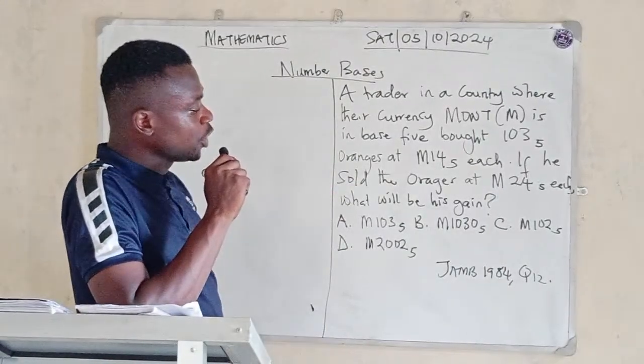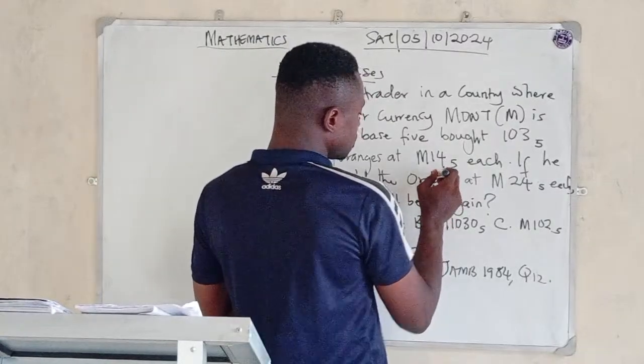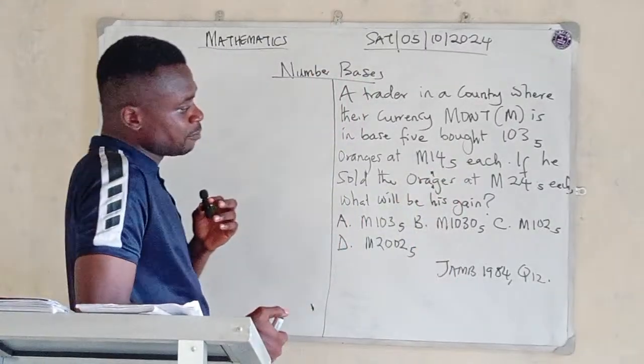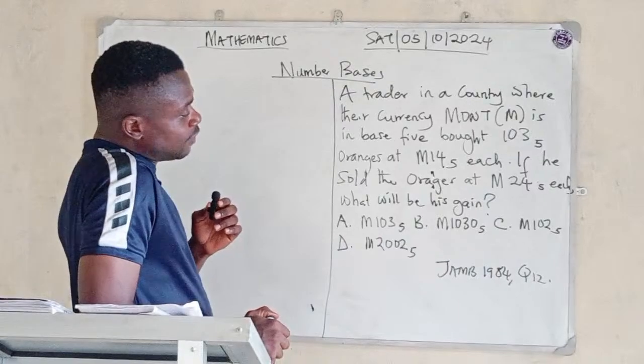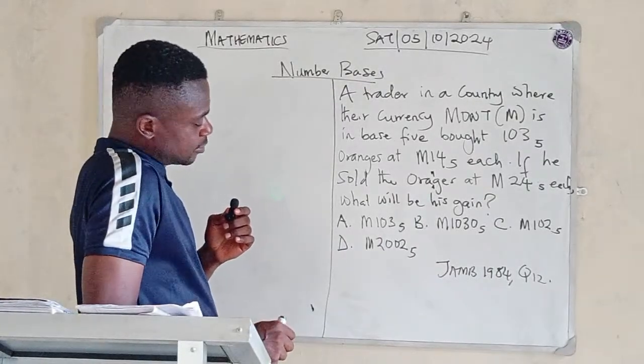If he sold the oranges at M24 to base 5 each, what will be his gain?